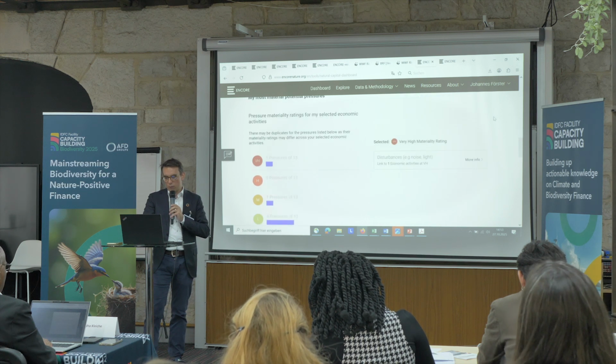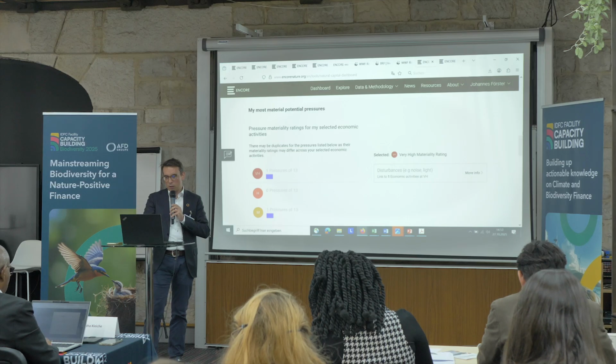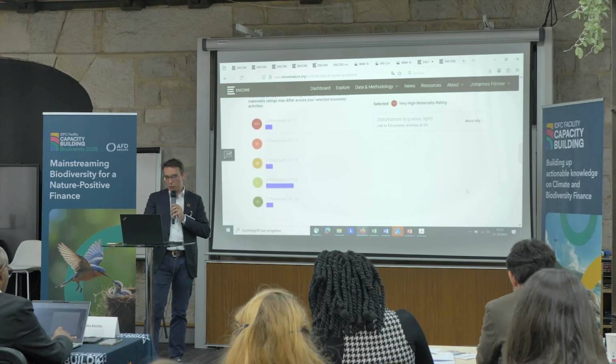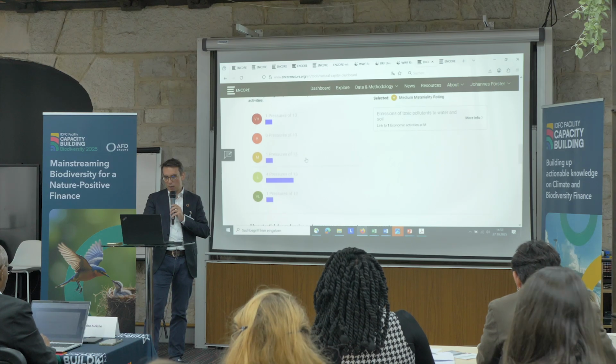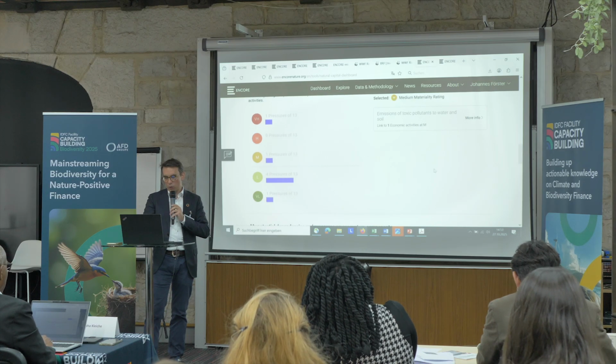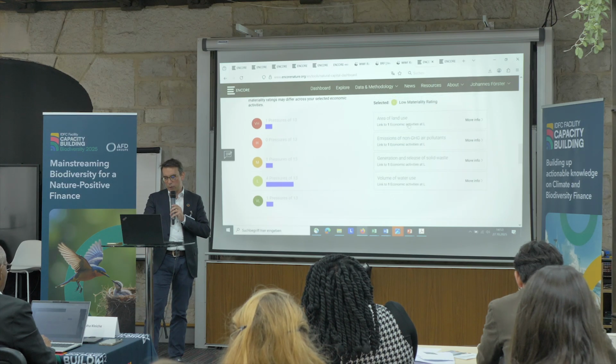And then we have also an overview of the most material pressures. So disturbances seem to be very high in some places. Then of course emissions of toxic pollutants. Rather low is the area of land use.